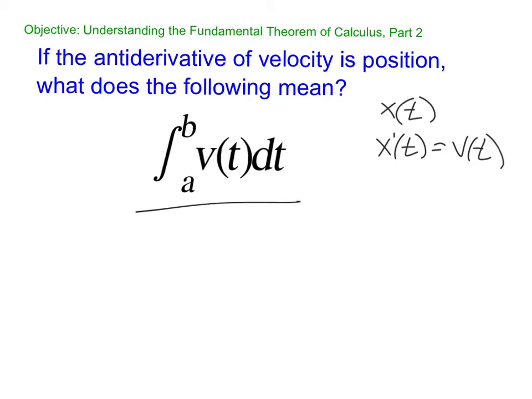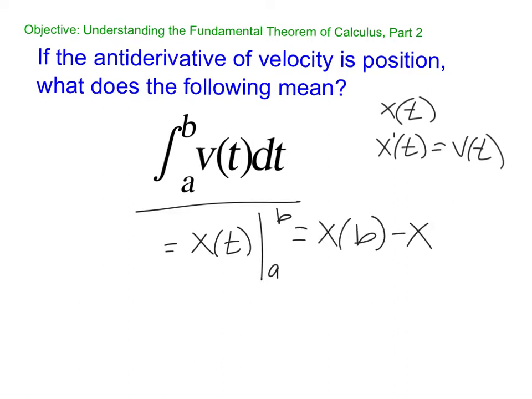The antiderivative of velocity is position, from A to B. So that's x of B minus x of A. Well, what is that representing? This is representing displacement. It's where you ended minus where you started. We don't really care what's happening in between.